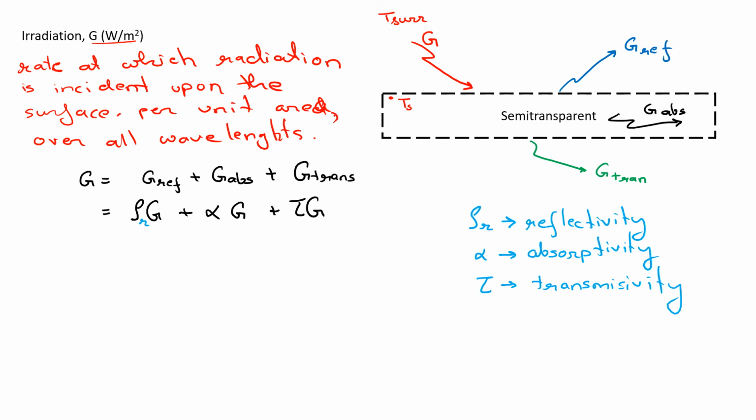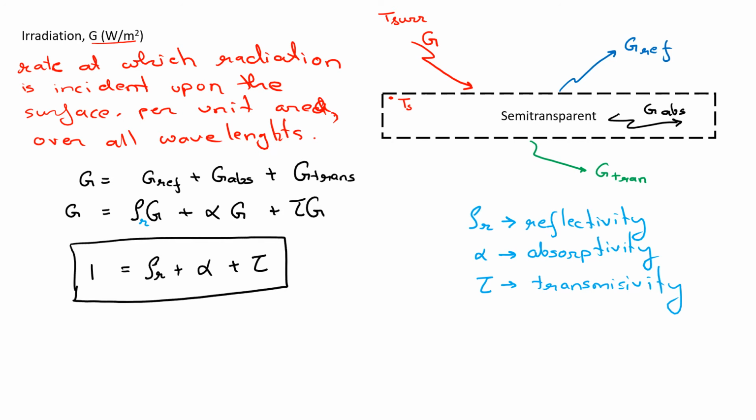Okay, now we have a G on the left hand side, so all the G's cancel out, so we get an equation that 1 is equal to rho r plus alpha plus tau. So the summation of your transmissivity, your absorptivity, and your reflectivity must always be 1.